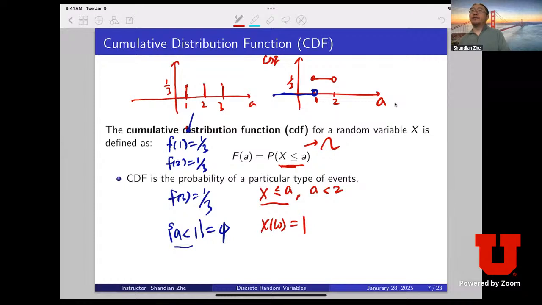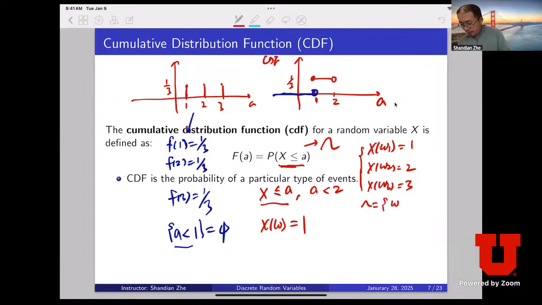Okay, yeah, maybe I should be more clear. Let us just explicitly write it out. I have X(omega 1) equals 1, X(omega 2) equals 2, X(omega 3) equals 3, right? And I know the whole sample space just has three elements, omega 1, omega 2, omega 3.